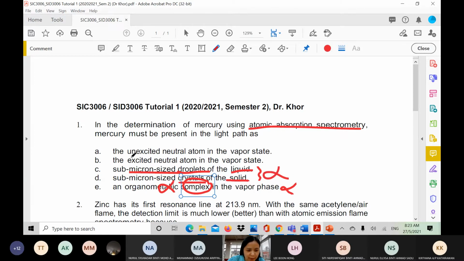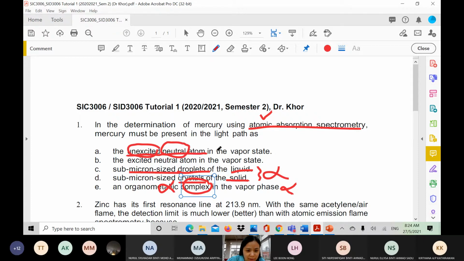Now we want to look at whether it is A or B. A is an unexcited neutral atom, because in AAS the excitation is due to the light source, so the atom has to be unexcited. And neutral is the keyword. Why is neutral important? Because we want zero charge, not the ionic state.